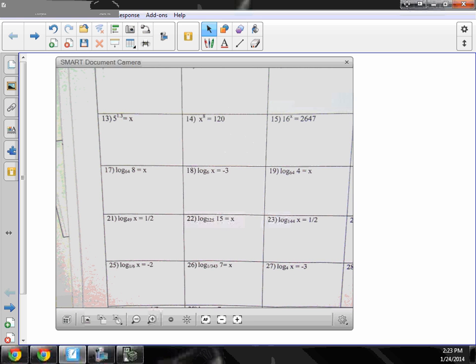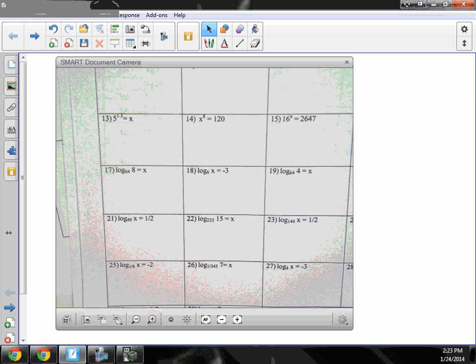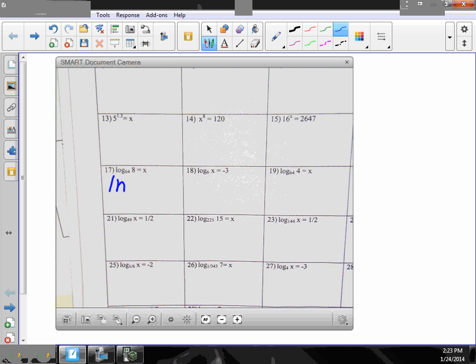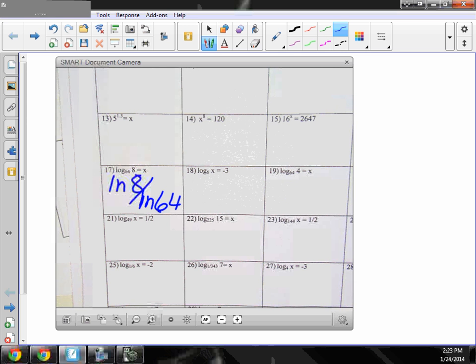So number 17, log base 64 of 8 equals x. Log of 8 over log of 64, or ln 8 over ln 64. And if there's work to show, make sure you show it so my TAs give you credit. Like number 3, there's no work to show.